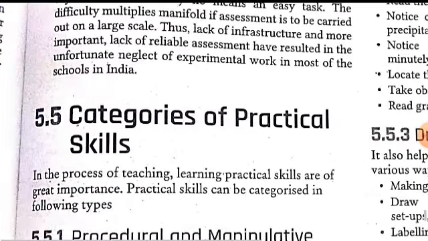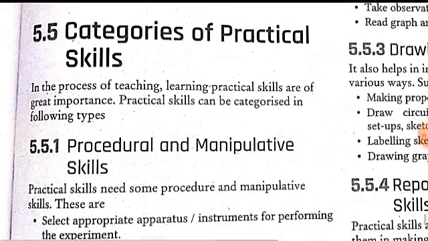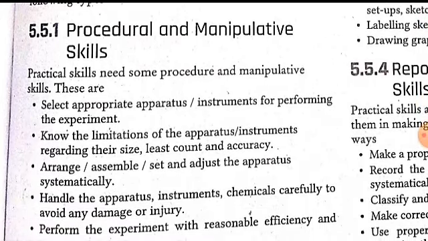Now we will talk about categories of practical skills. In the process of teaching and learning, practical skills are of great importance. Practical skills can be categorized in the following types. First is procedural and manipulative skills. Practical skills need some procedural and manipulative skills. These are: select appropriate apparatus or instrument for performing the experiment.